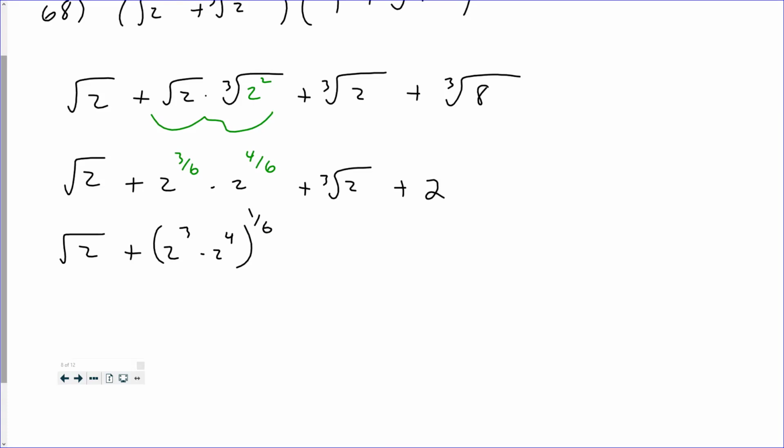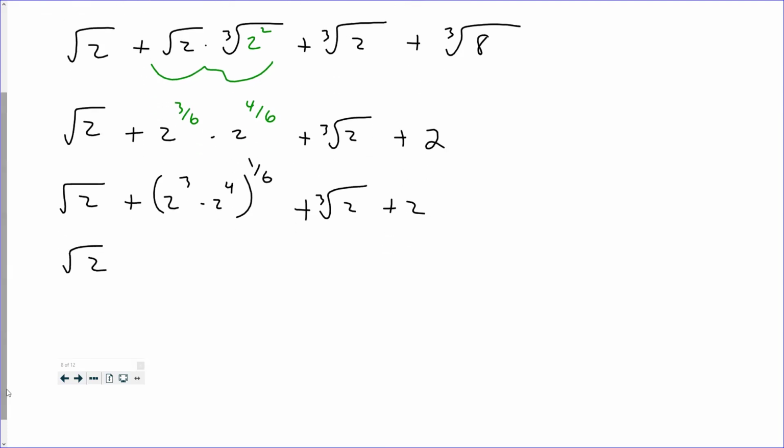So honestly, the base doesn't matter. They don't need to be the same. What matters is that the denominators are the same, because if they're the same, you can factor it out. And that's what happened on the quiz. You had two bases that weren't the same. That's okay, because all you need to do is make sure that the denominators are the same, because you can factor it out like I did right here. So you get the square root of 2 plus the 6th root of 2 to the 7th plus the cube root of 2 plus 2.